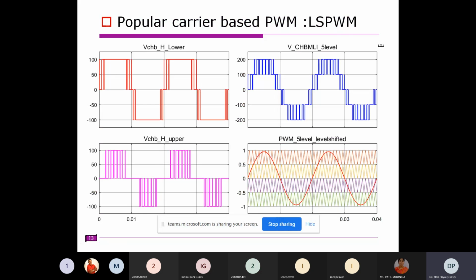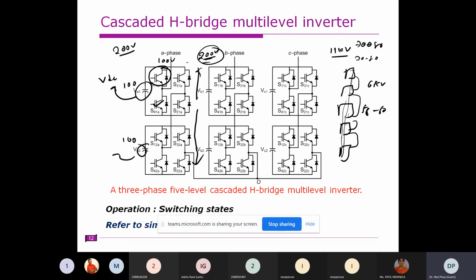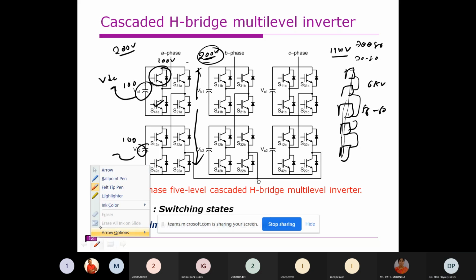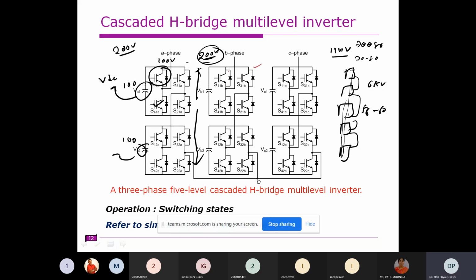The simple concept is there. Take the same bridge, the case of VB1, just this one simple bridge. Now we turn on S11 and S21, and whatever voltage is obtained is nothing but VDC. Otherwise, take this configuration, a simple converter with switches S1, S2, S3 and S4.